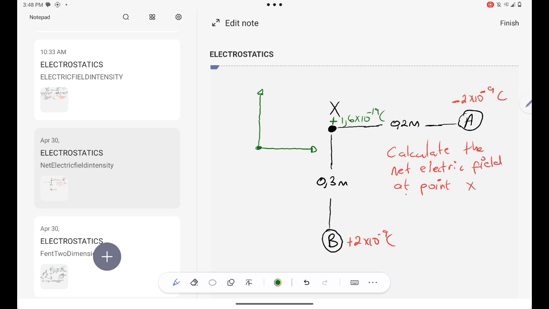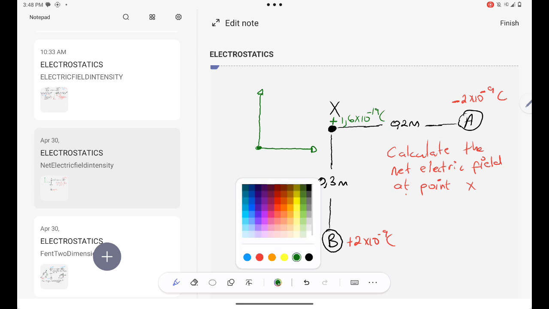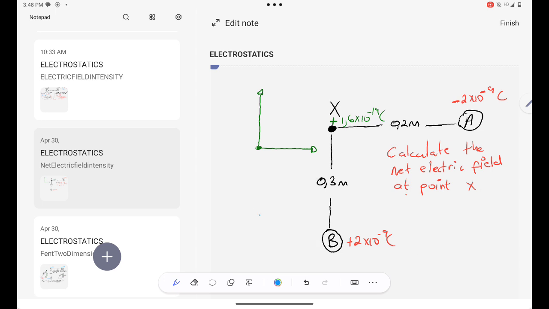But for us to calculate, it's better if we draw our free body diagram like this. This is our vertical force. It represents the force between X and B, right? Remember that on the previous video we stated that the electric field is always in the direction of the electrostatic force.